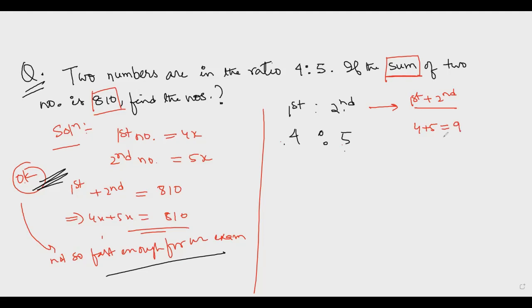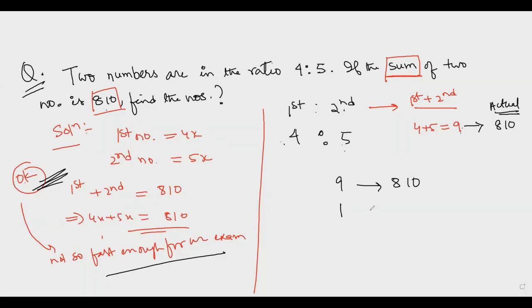9. Right? But according to our given, the value of this 9 is equivalent to 810, and this is the actual number. So 9 is equivalent to 810.